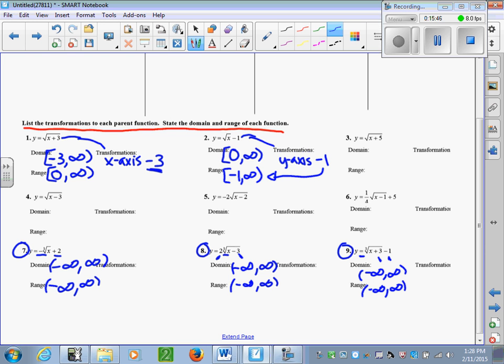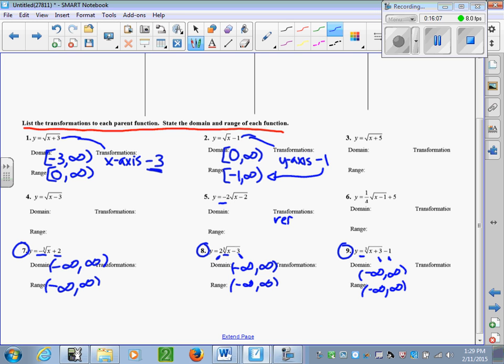All right, so let's go on. Let's do one that's a little more complicated. Let's do number 5. In number 5, we have several transformations going on here. We have a reflection because we have a negative sign.